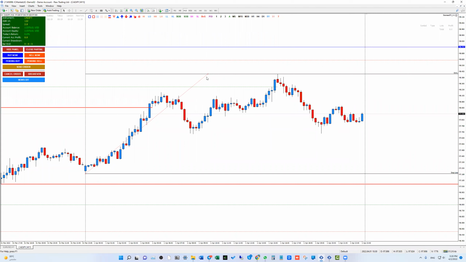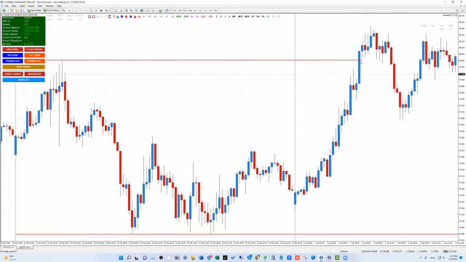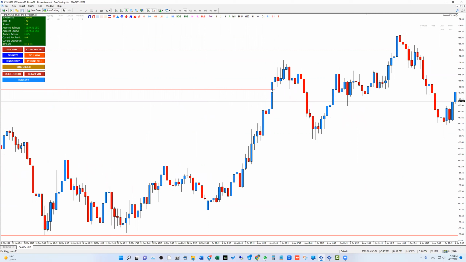So basically, you want to be able to read the market before the breakout happened. Like, let's say, before this breakout happened from the previous day, okay? I know it could be late. Now the market is broken and then the price has come back, right? And this is your order block, right?